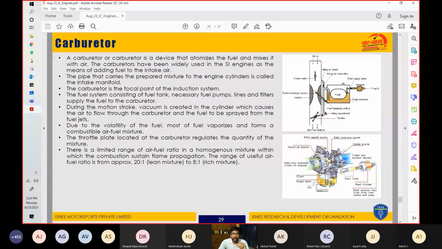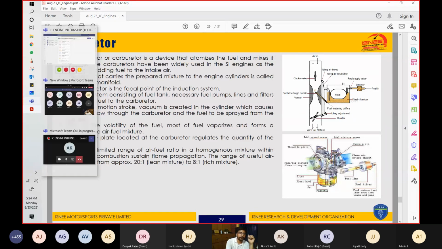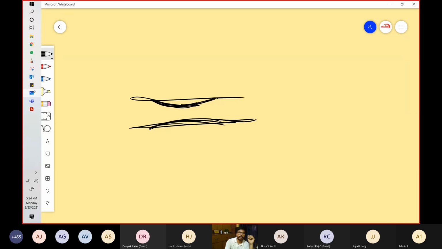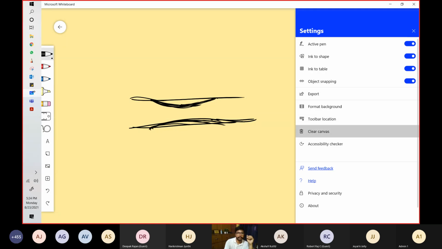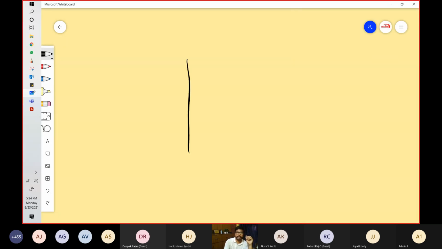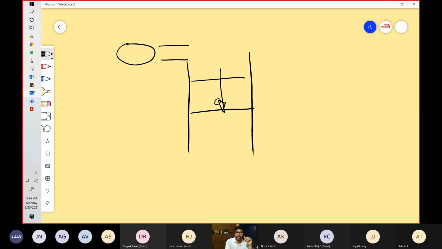So during the motion stroke, vacuum is created. So basically when the piston goes downward, this is the cylinder and this is the piston. When this piston goes downward, let's say this is the intake manifold and over here is your carburetor attached.